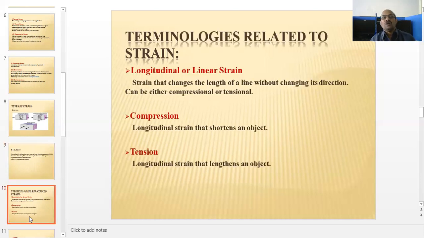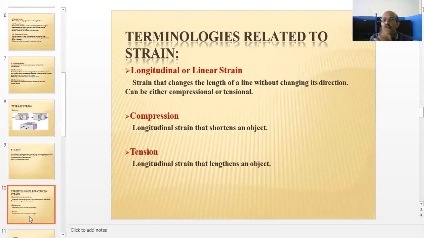The terminologies related to strain: one is longitudinal strain, another is compression strain, another is tension. Longitudinal strain means the length changes without changing its direction, only in one direction.